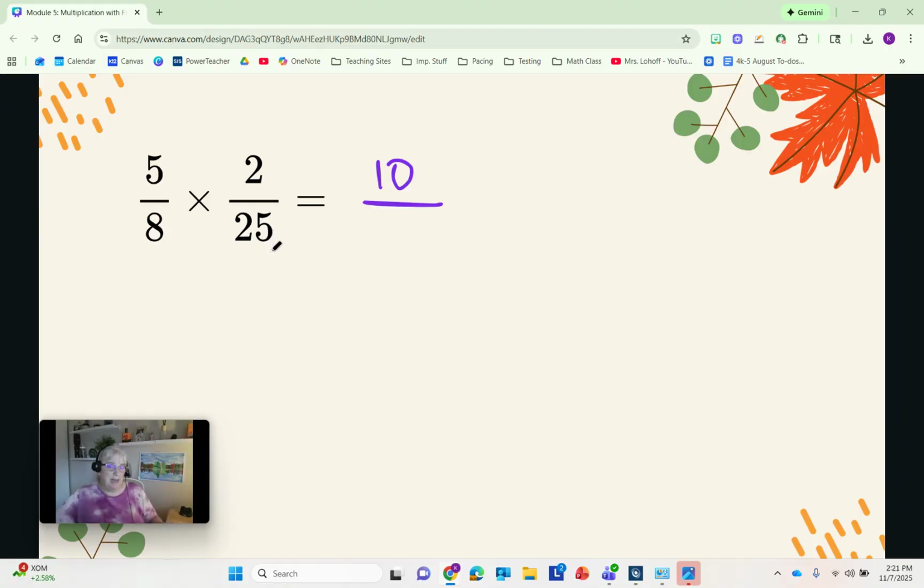And if you know about money, 25, 50, 75, a dollar, or 100 cents, 4 groups of 25 makes 100. So if I have 8 25s, I have 25, 50, 75, 100, 125, 150, 175, 200.